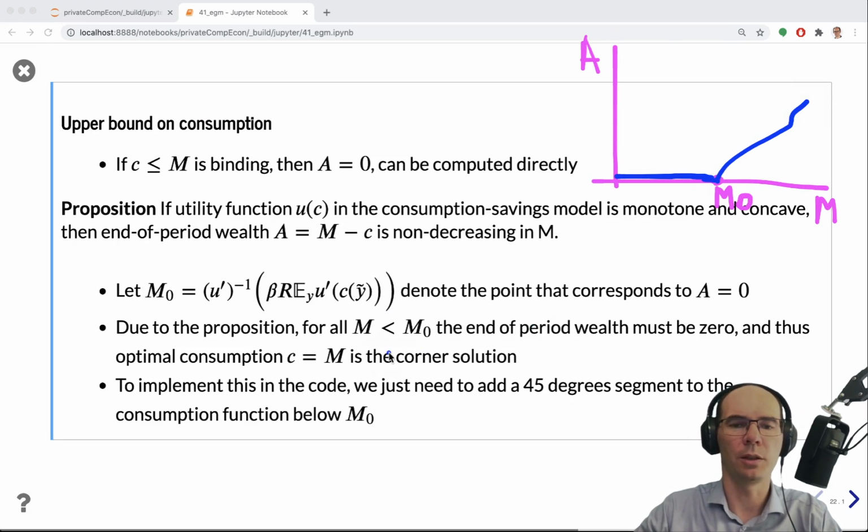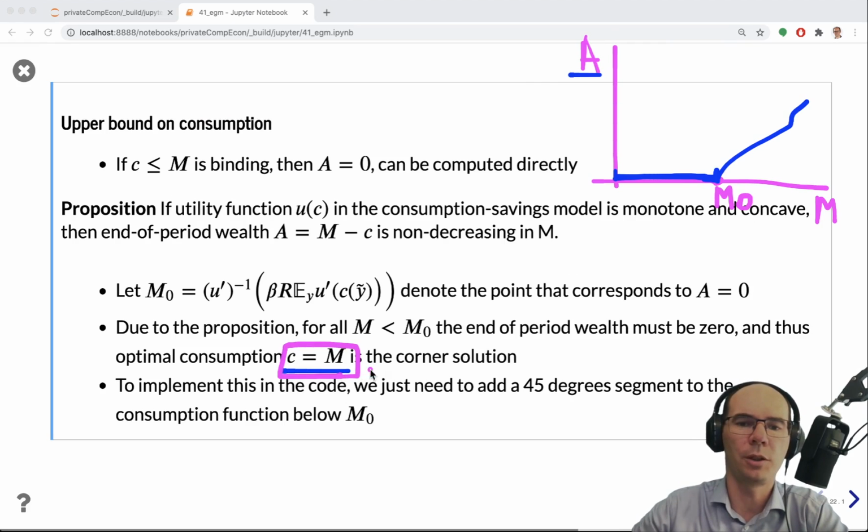What does that mean? That means that at all of the points of wealth between 0 and M naught, C is equal to M, so that A can be 0. Wonderful. That's the solution in the corner solution in this constraint region, which is very well defined. It's between 0 and m naught.